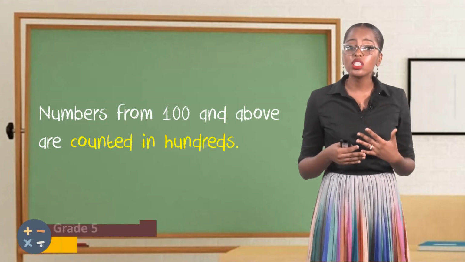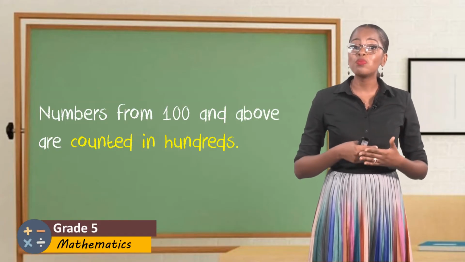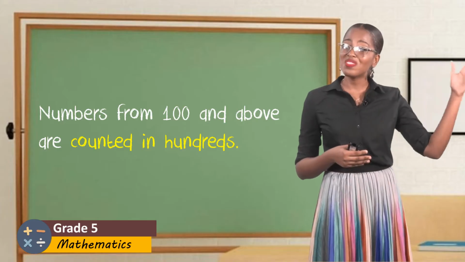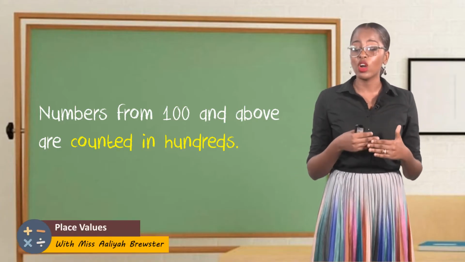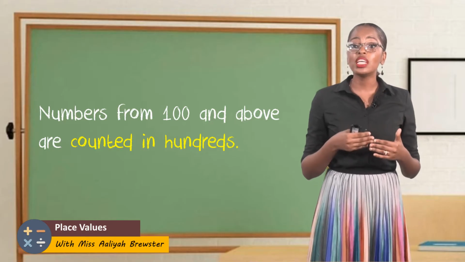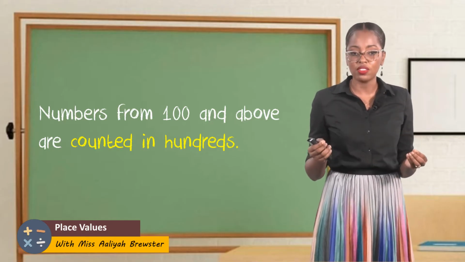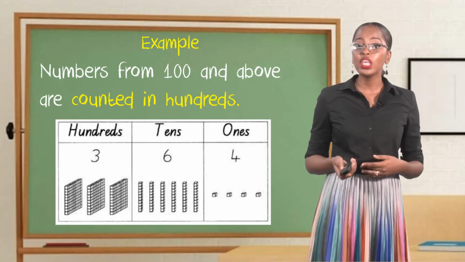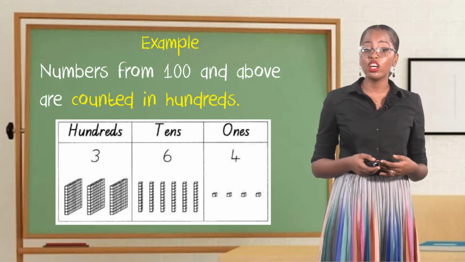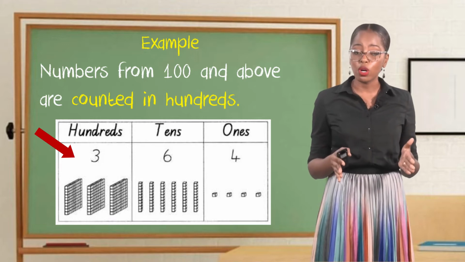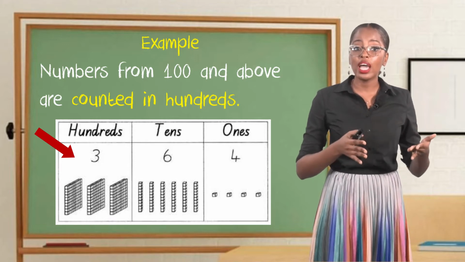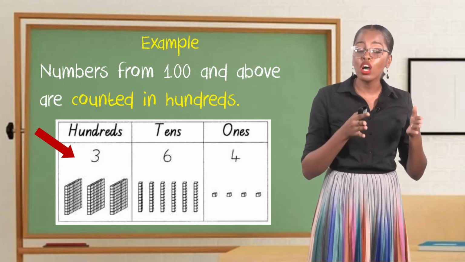Now, boys and girls, once we would have counted up to 99, so from 10 to 99, 100 comes after 99, obviously, and now we can say we are in the hundreds place value. For example, let's look at the number 364. In the number 364, 3 is occupying the value of hundreds.